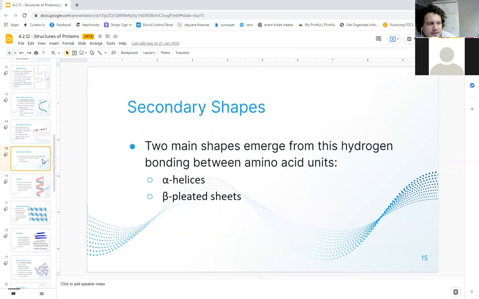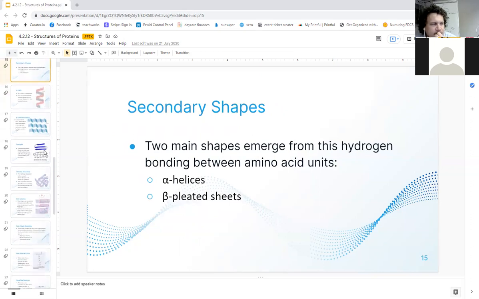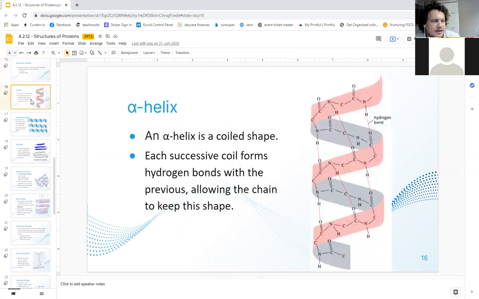Because of this, we have alpha helices and beta pleated sheets being created. So, alpha helices are caused by this H plus bonding with the negative oxygen.